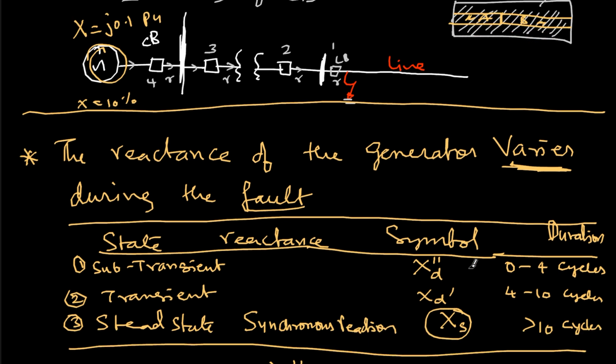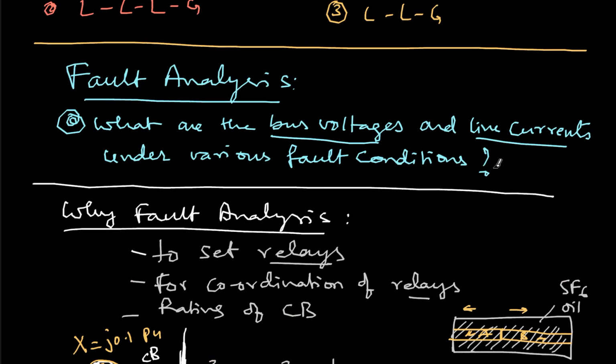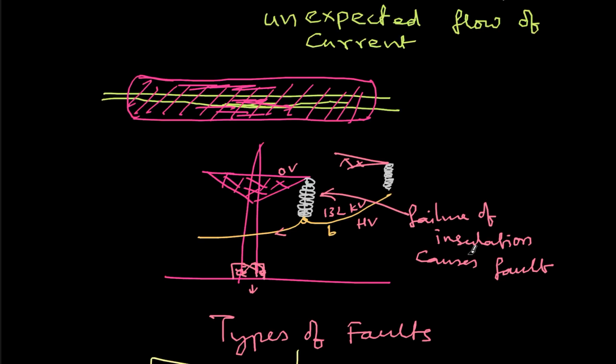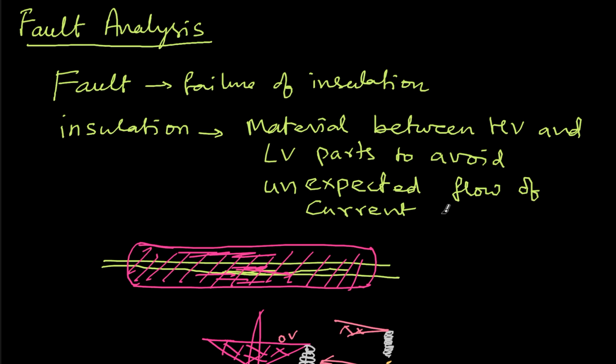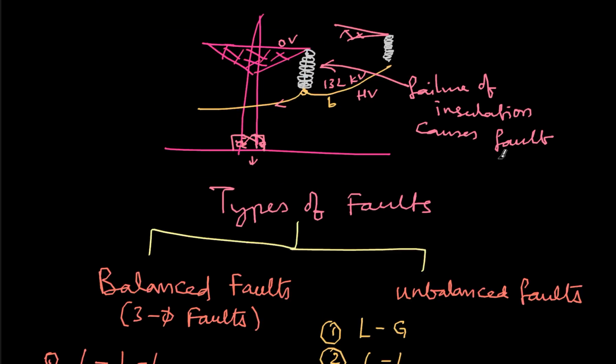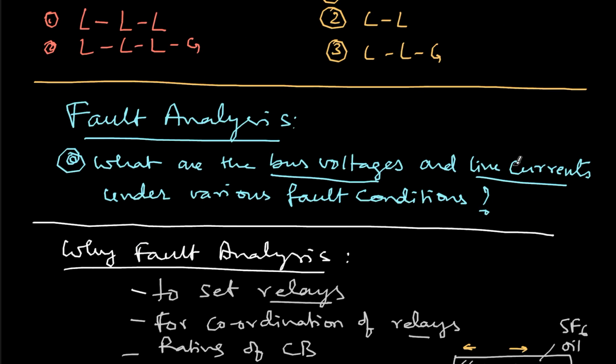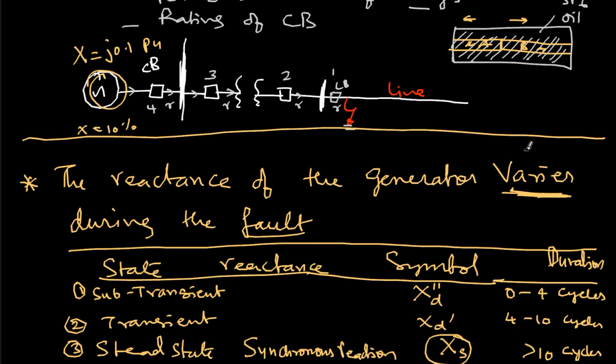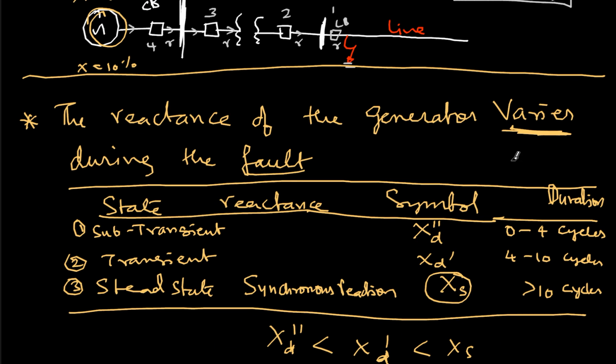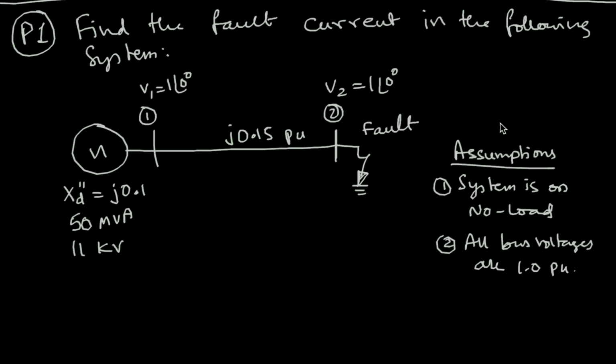So speaking of calculations, with this brief introduction of what a fault is, we'll take up some problems, and then we'll try to find the fault current. Let's begin with the simplest kind of question on fault analysis.